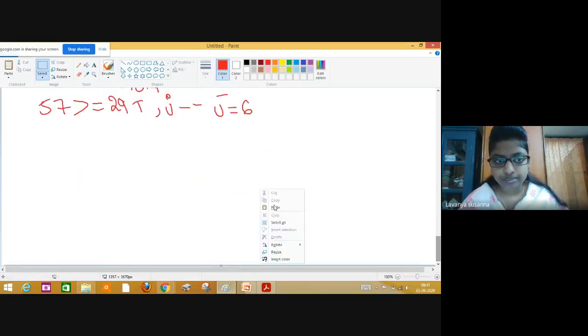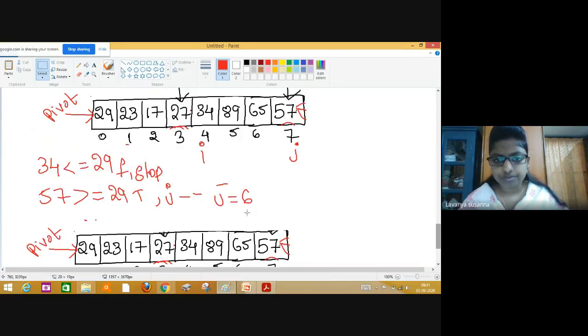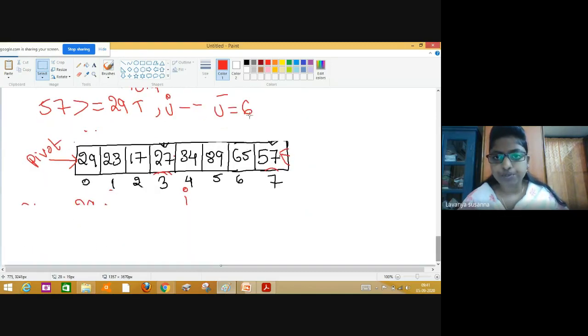Repeat the process. I is stopped, right? When I is stopped, you need to move j. Now j is pointing to 6. Repeat the process again.